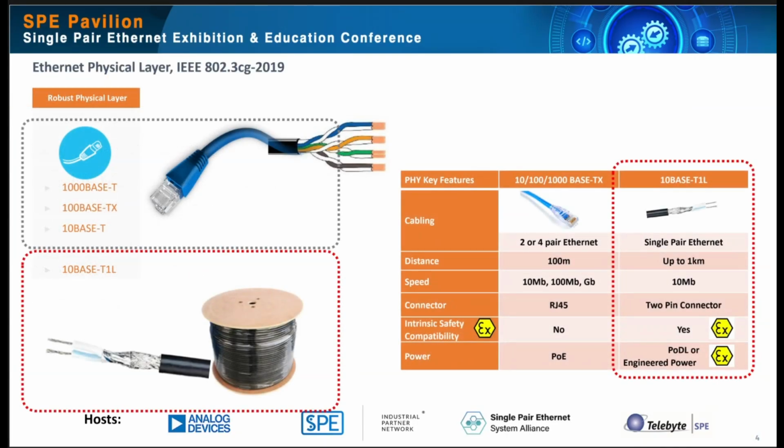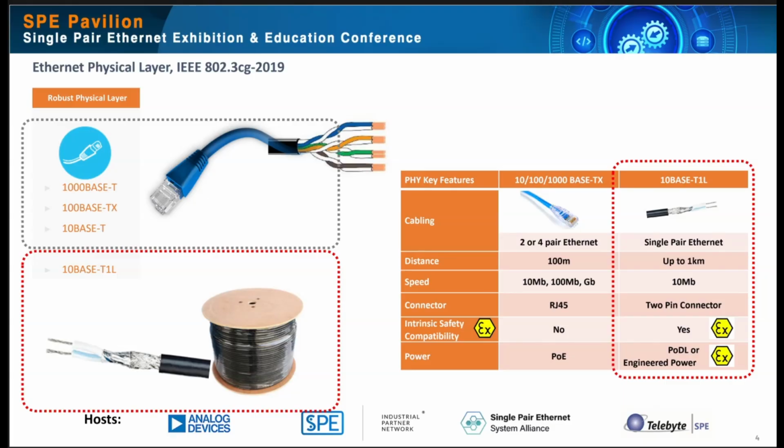So what is 10-base T1L? I think most of you will be familiar with standard Ethernet, where you've got 4 pairs of wires in the cable and an RJ45 connector. That's been a technology that's been around for decades, and obviously we live with it and use it every day in our lives in the office.